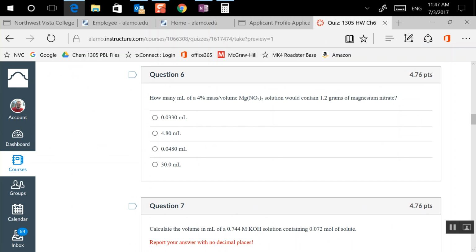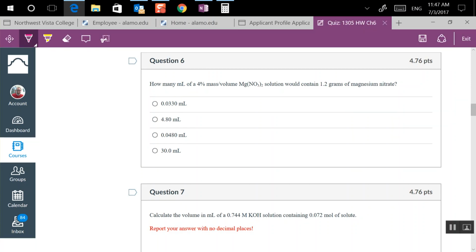How many milliliters of a 4% mass per volume solution would contain 1.2 grams? So for a question like this, you would say 1.2 grams. That's what you're starting with, and it's magnesium nitrate, which isn't really all that important. It's 1.2 grams divided by your volume, times 100, is equal to 4%.